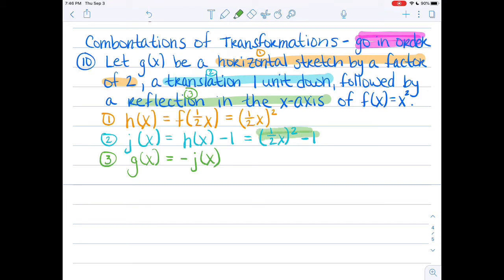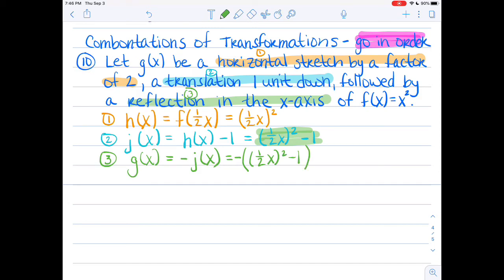Well, it's this right here. So we are going to use that as our j of x. So this is going to be equal to negative, and then I need to put this entire thing in a big old set of parentheses. We're going to have negative 1/2 x squared minus 1, and then I'm going to close up that big parentheses.